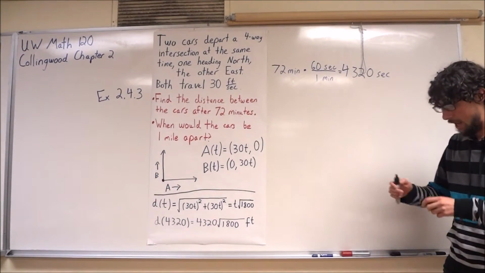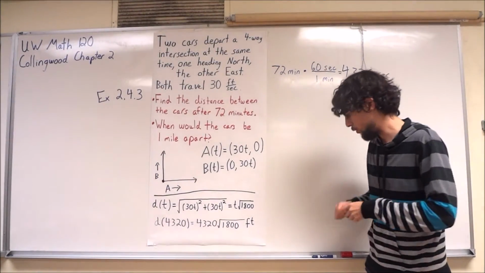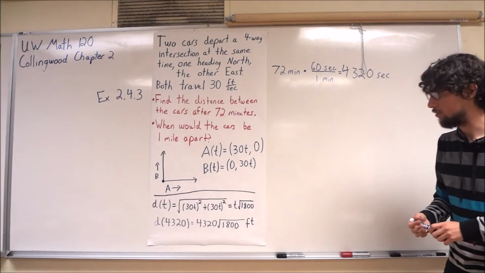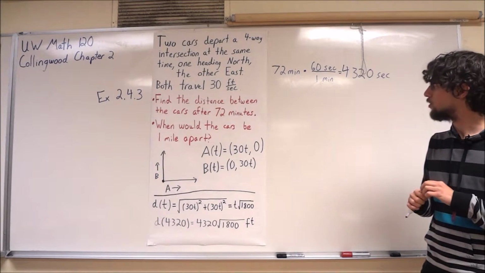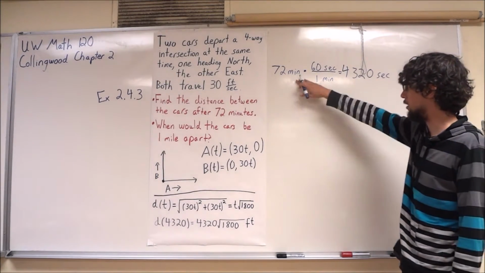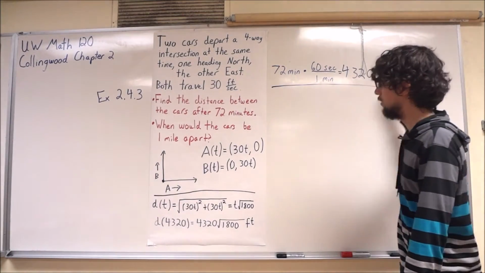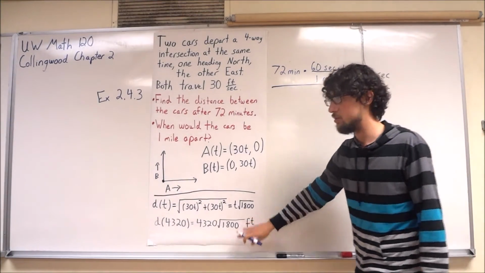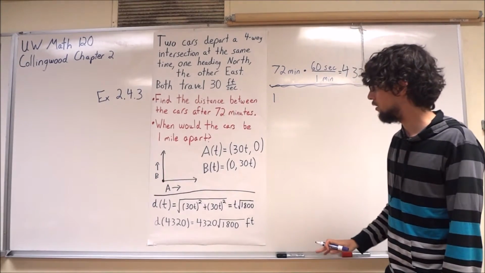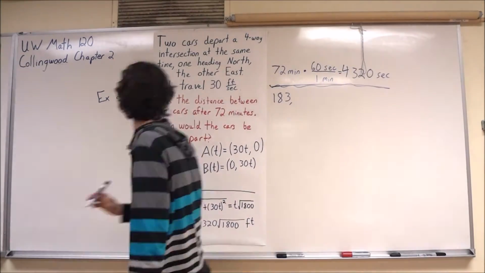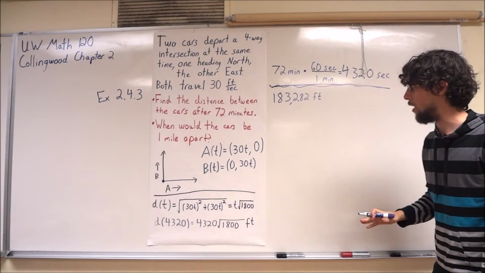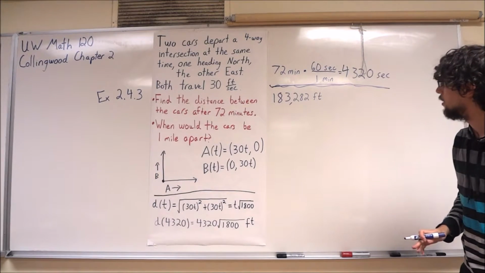The question actually asked us, although I didn't write it here, to express this distance in terms of miles. So to convert this, I could do something just like I did here. Multiplying this out, I find this is 183,282 feet.